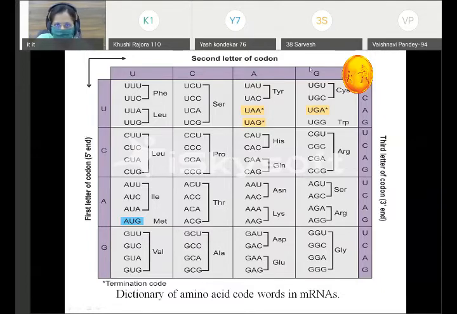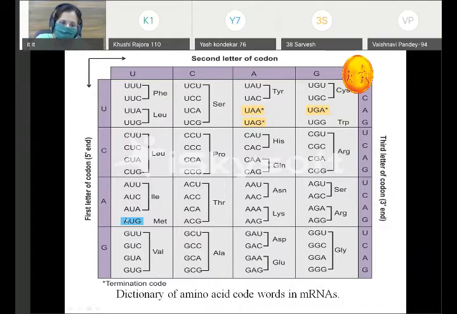The second letter is on the complete plane of the slide, and the third letter is mentioned over here in the last column at the 3' end. So the first letter, then the second letter, and the last column contains the third letter of a codon at the 3' end.